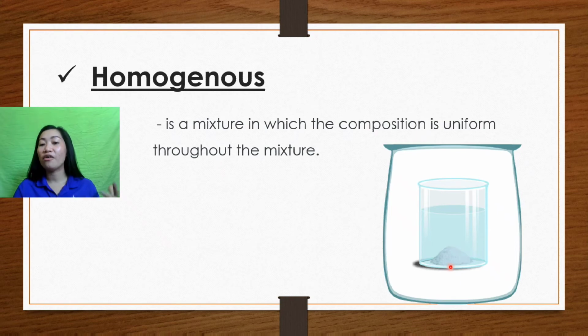We know that the salt will be dissolved in the water, the solvent. The solution is homogeneous because the salt blends well in the water. Sometimes you cannot identify it unless you taste the water. So you can say that it's homogeneous, meaning they blend very well.